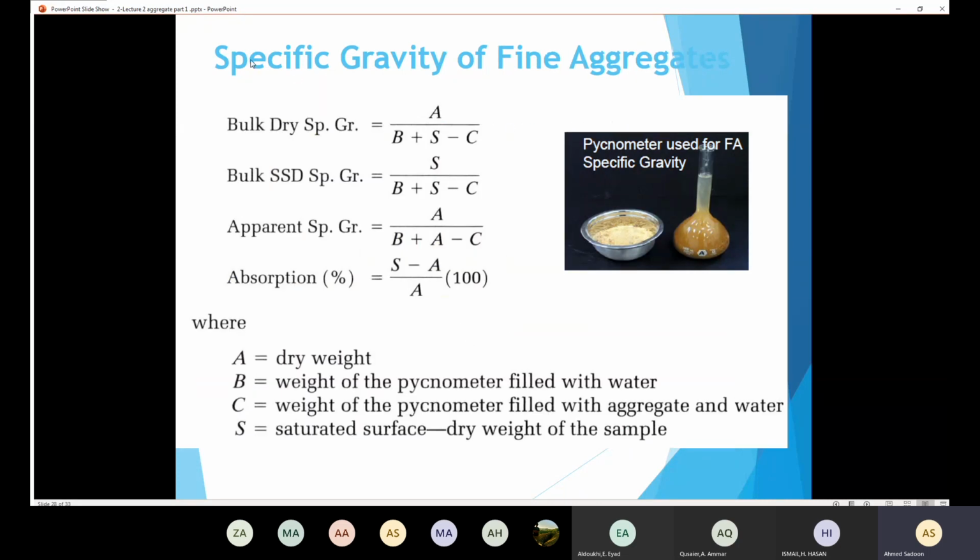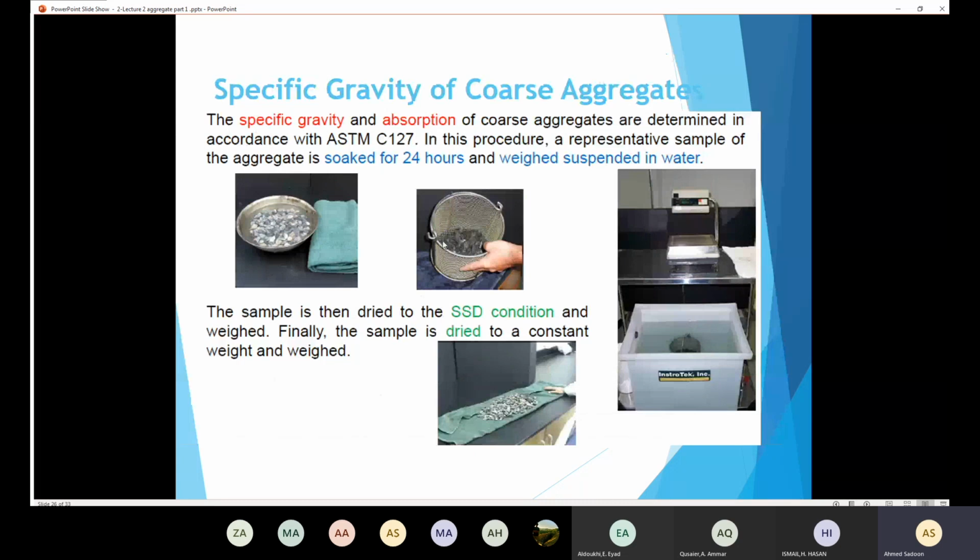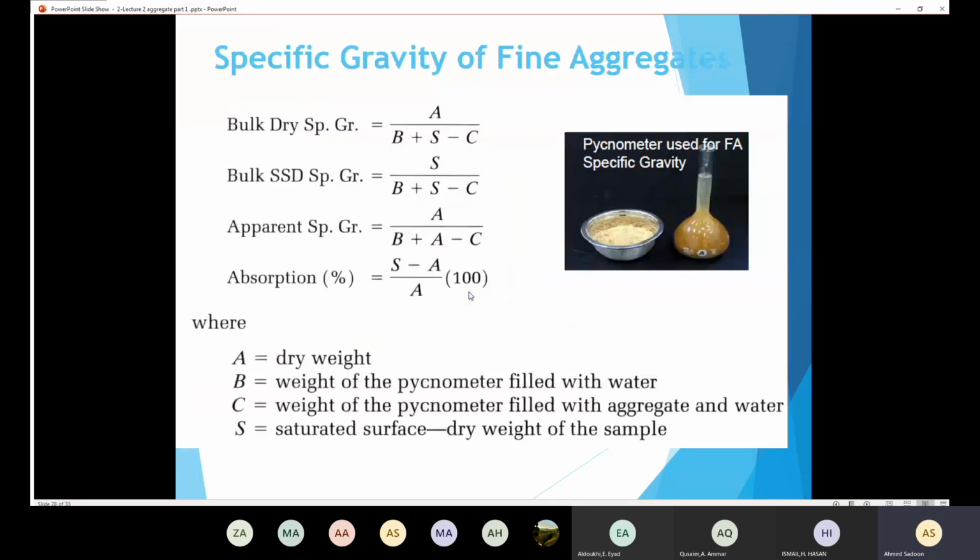And similarly, we are going to also determine the specific gravity of fine aggregate. This time, because the fine aggregate cannot be put in a basket like this one, here we need to introduce an additional letter. We are going to use a pycnometer, this one here. I'm going to fill the pycnometer with water to a certain level.